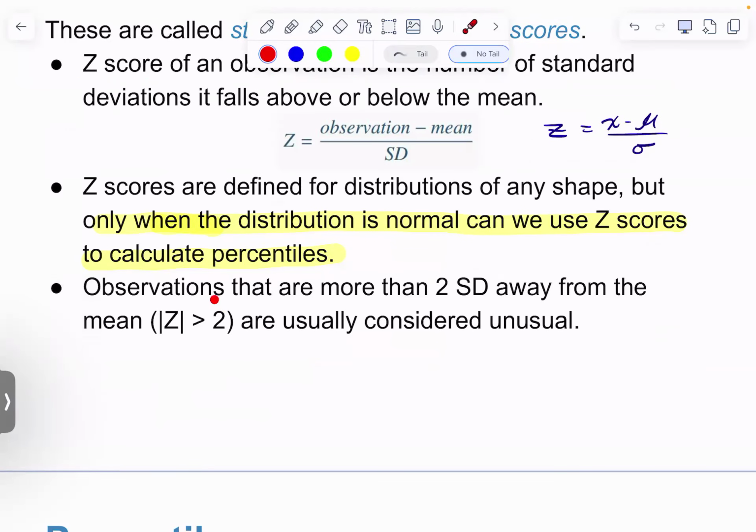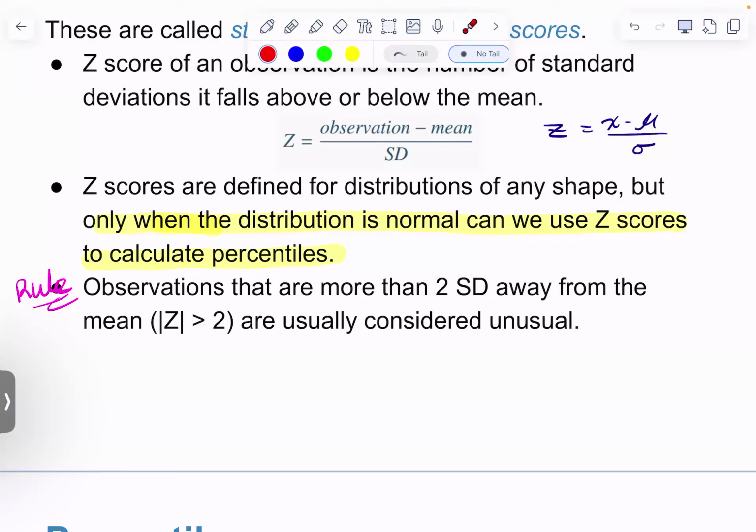As a rule, this is a rule. Observations that are more than generally 2 standard deviations away from the mean, right, in either direction, okay, are usually considered unusual. Usually considered unusual, right?